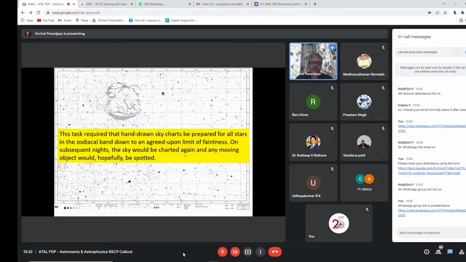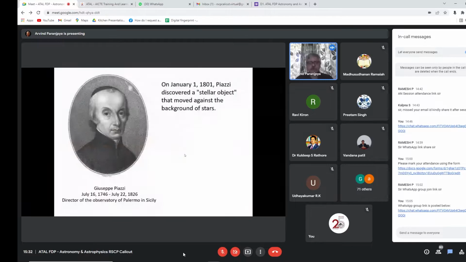But interestingly, Giuseppe Piazzi was not part of that team. Please remember that at that time, about the beginning of 1800, Giuseppe Piazzi had possibly the best telescope in the world.